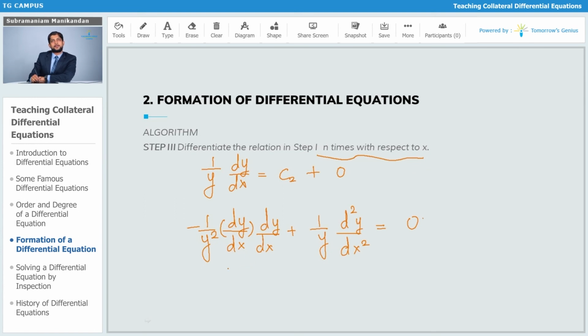What do we get? 1 upon y square dy by dx the whole square is equal to 1 upon y d square y by dx square.